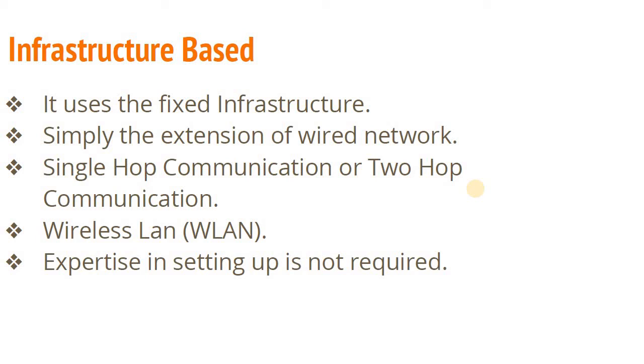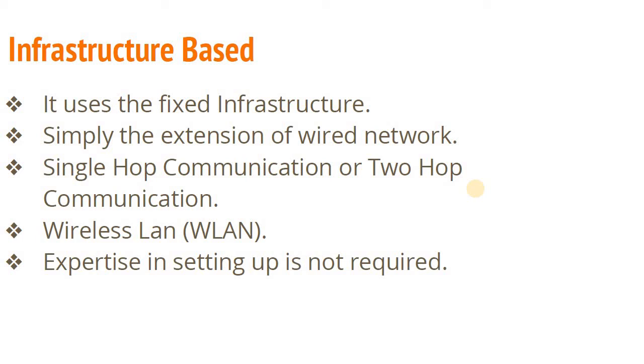Single hop communication or two hop communication means in the infrastructure based communication system, which is again the wireless type, the communication can be single hop, means one-to-one communication, as in the mobile ad hoc network when each device is connected to another device. Here single hop communication can be maintained, or two hop communication can be maintained.